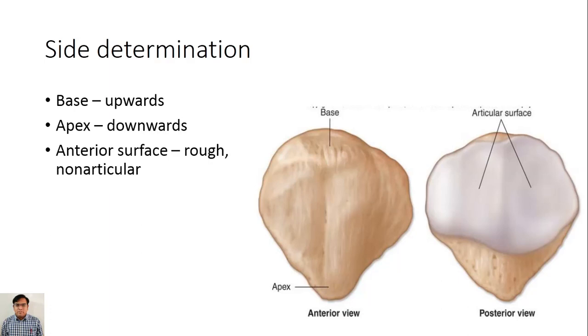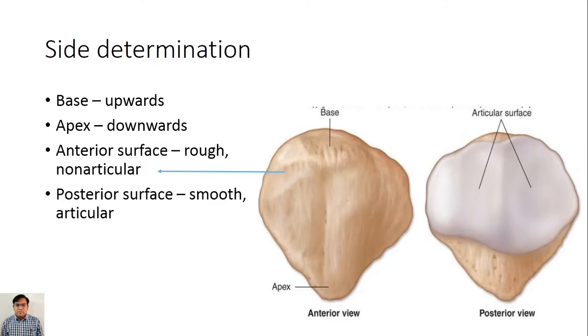Then how will you determine the anterior and posterior side? The anterior surface is rough and non-articular, this one, while the posterior surface has a smooth part and a rough part. Smooth part is articular part while rough part is non-articular part.